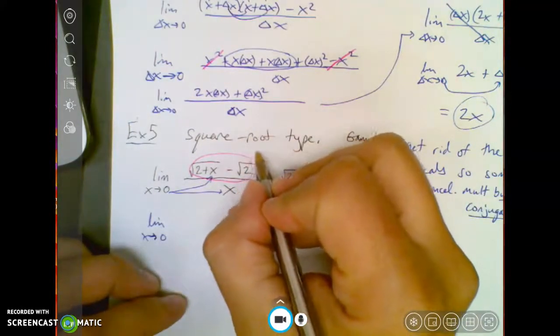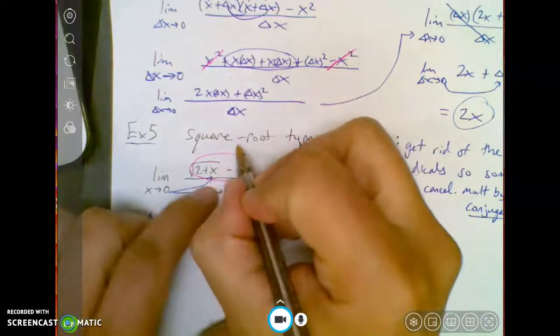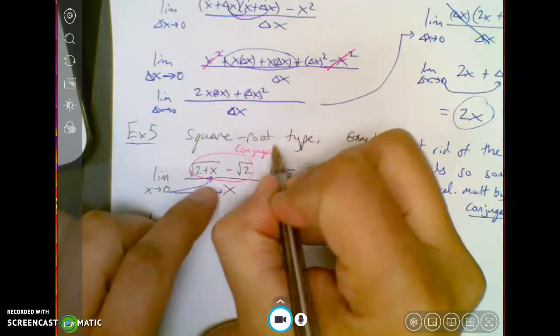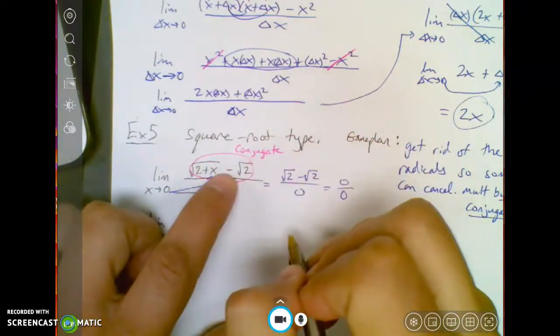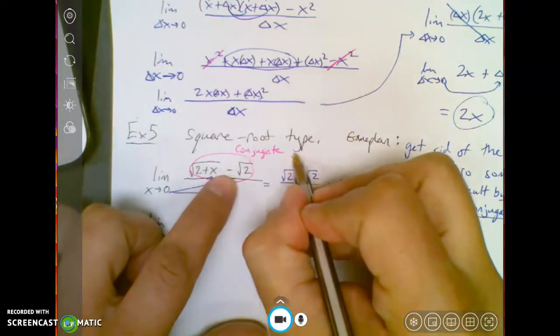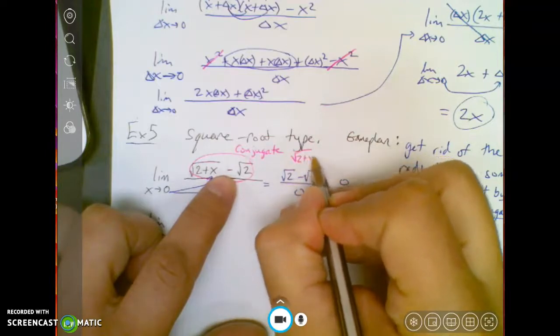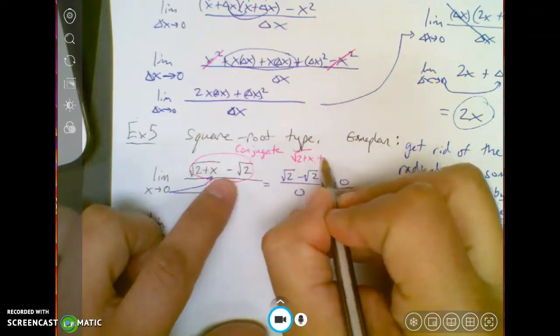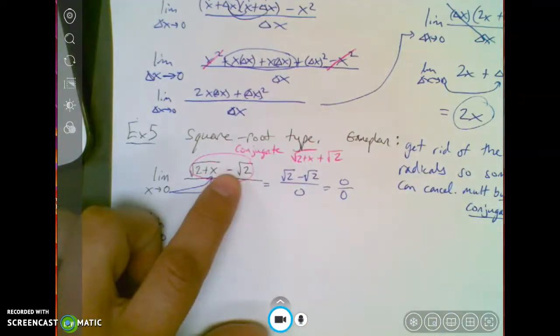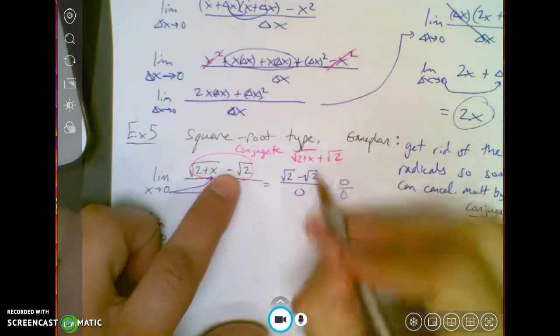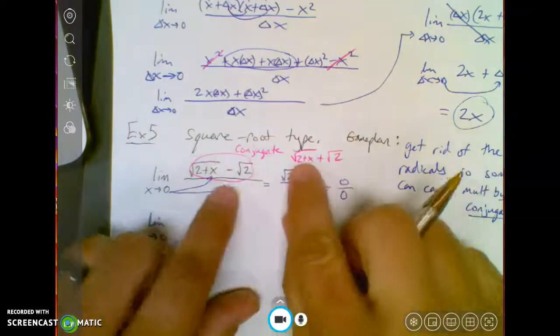So I need the conjugate. What's the conjugate to that guy? The conjugate to that guy is recopying it, but instead of minus, making it a plus. So I really write radical 2 plus x plus radical 2. Now, if that would have been a plus, my conjugate would have simply had a minus in between. I don't mess with the symbol inside.